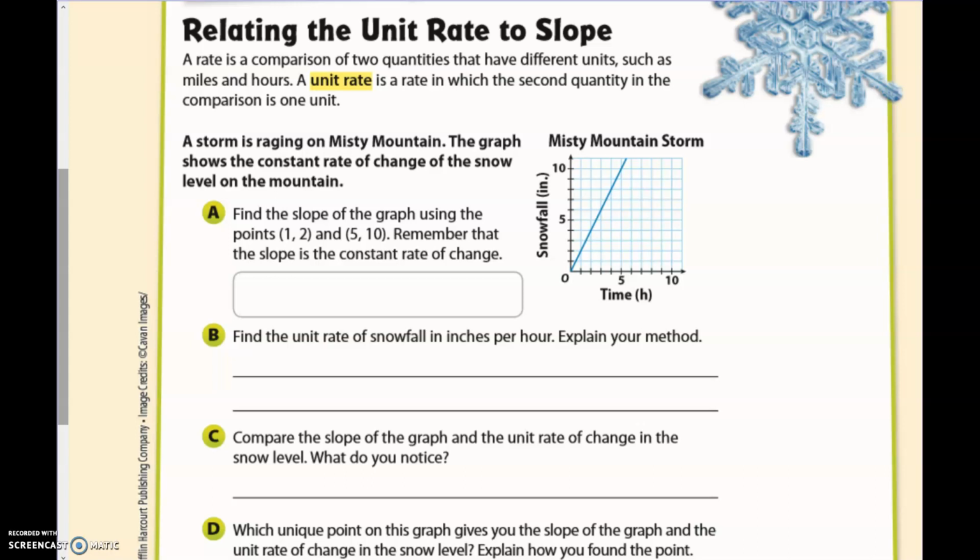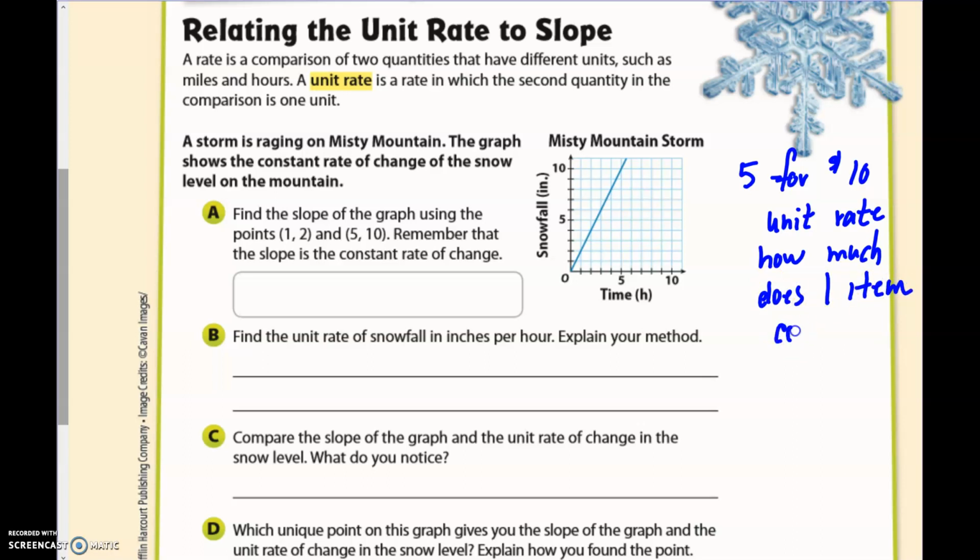When I was just at the grocery store a few days ago, I could get 5 for $10. So I can get 5 different meals for $10. What is the unit rate? So how much is 1? Unit rate is how much does 1 item cost?